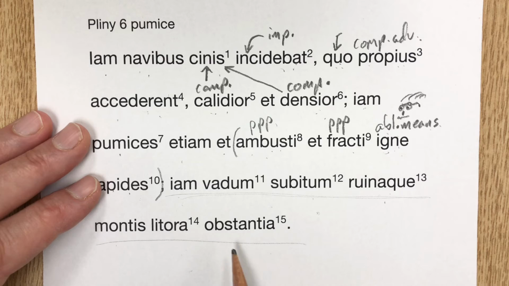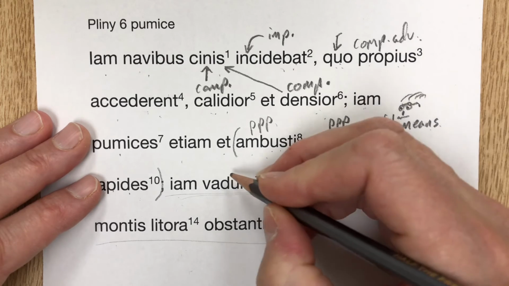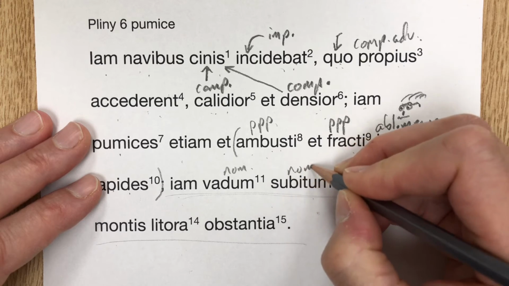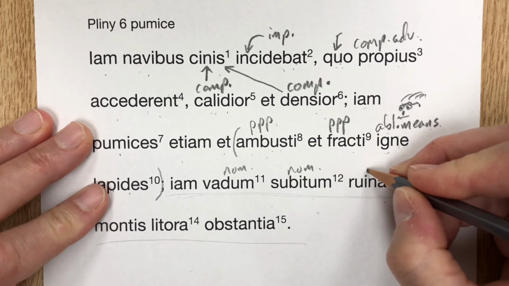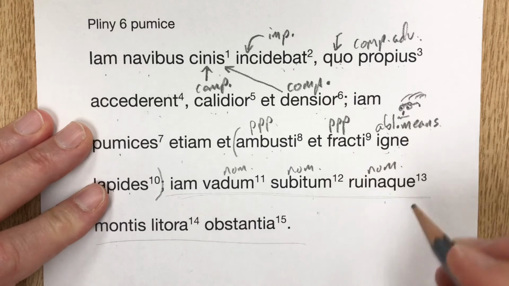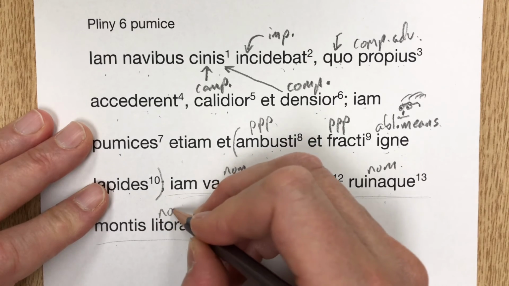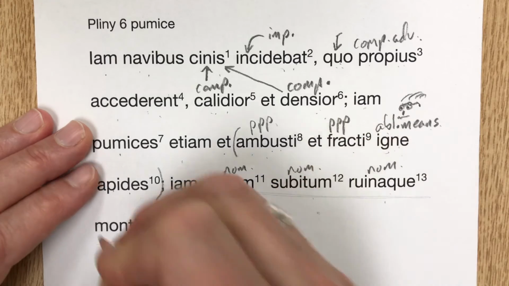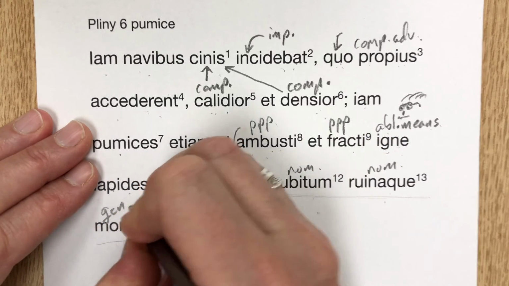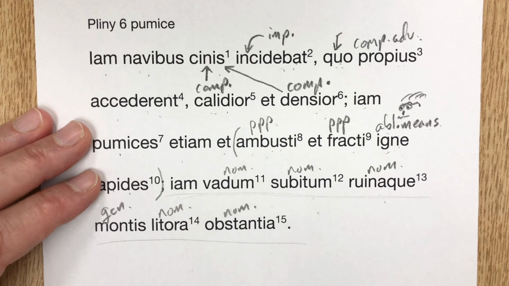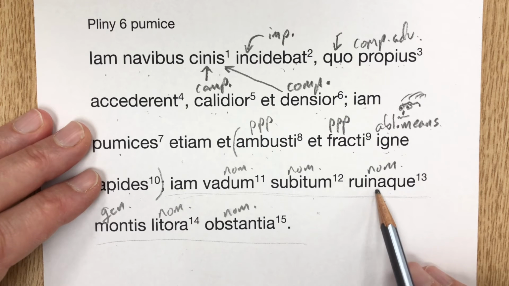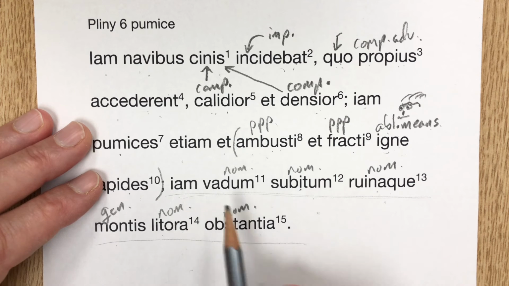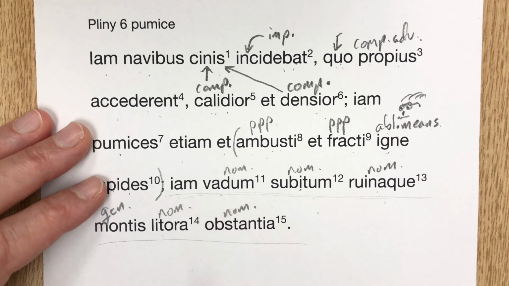Okay, what we know is nominative, nominative, nominative, going with nominative there, nominative, and genitive. So, of the mountain, ruin, the shores getting in the way, sudden shallowness.